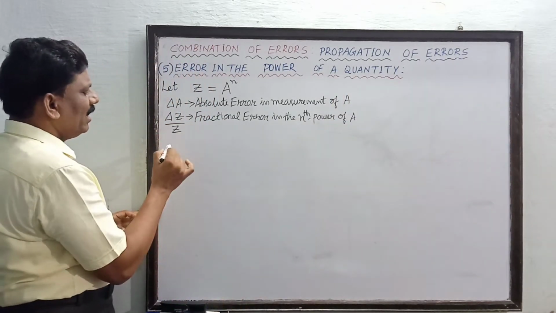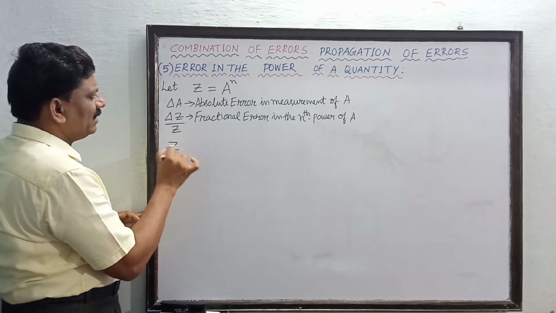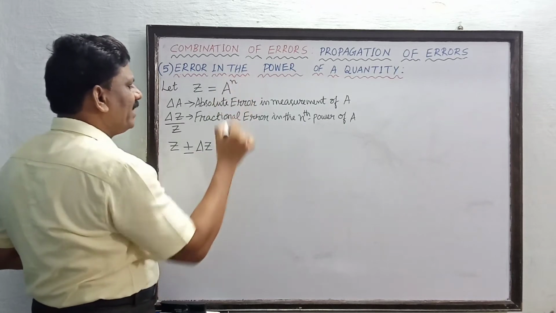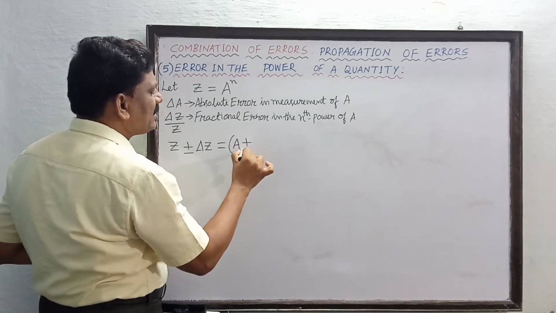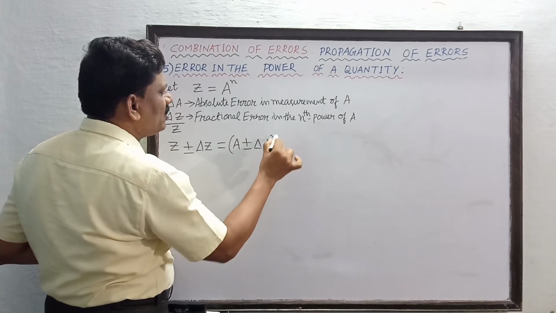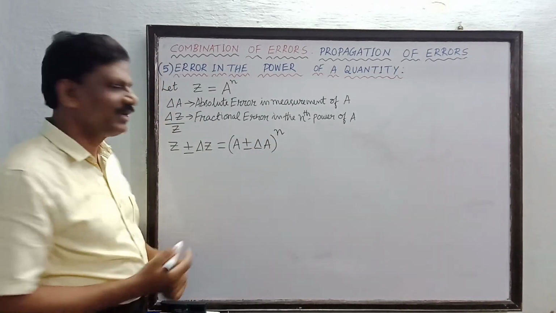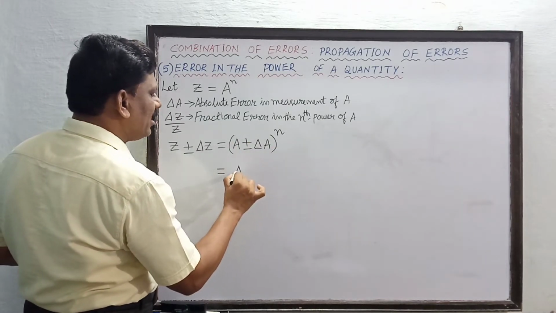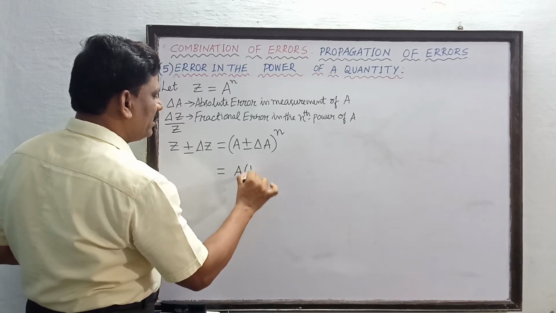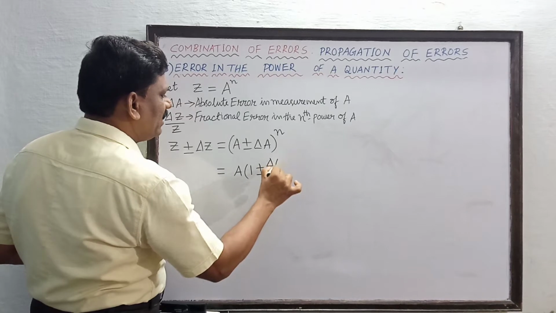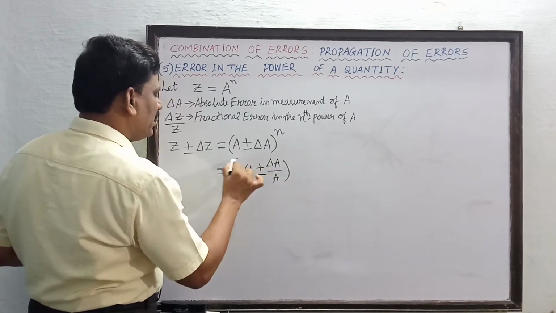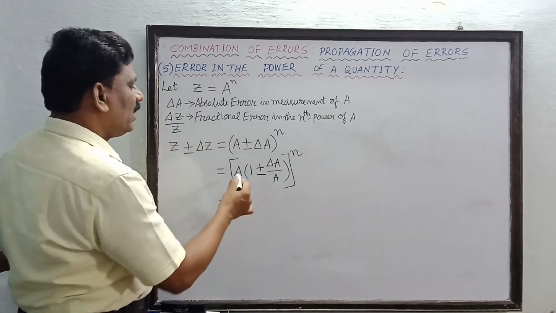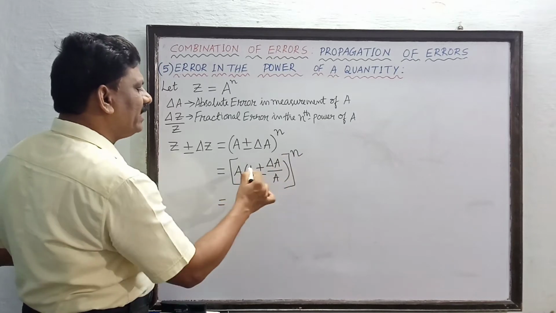Now as usual, I will take Z plus or minus delta Z is equal to, instead of A power n, A plus or minus delta A raised to the power n. In this bracket I will take A as the common factor, into 1 plus or minus delta A divided by A, and this is whole to the power of n.